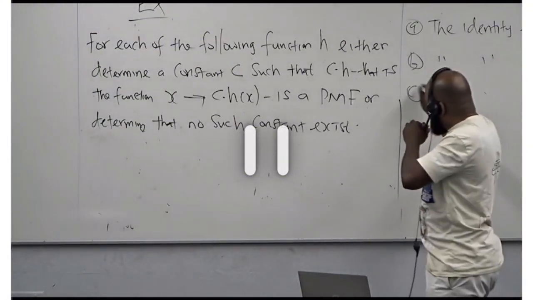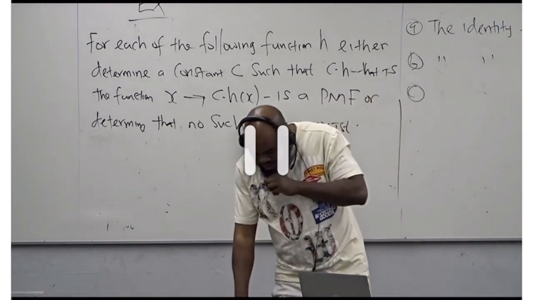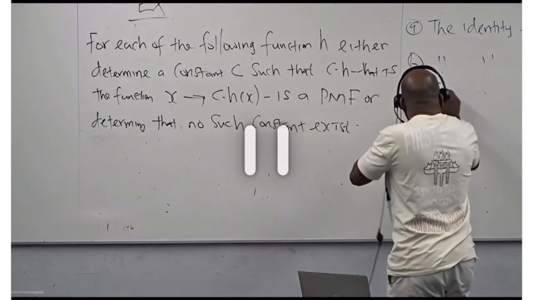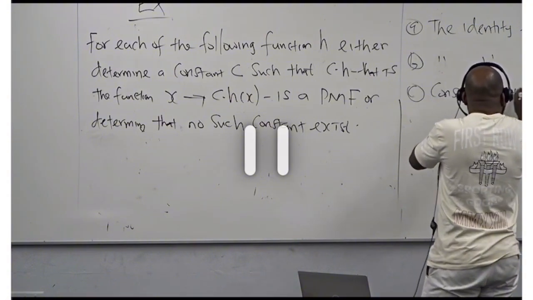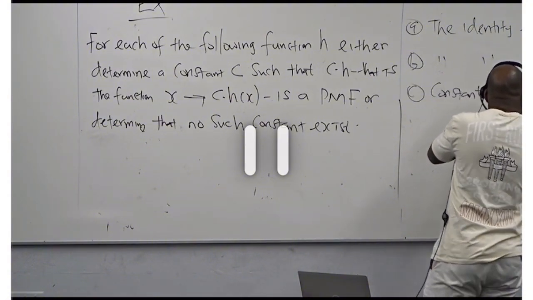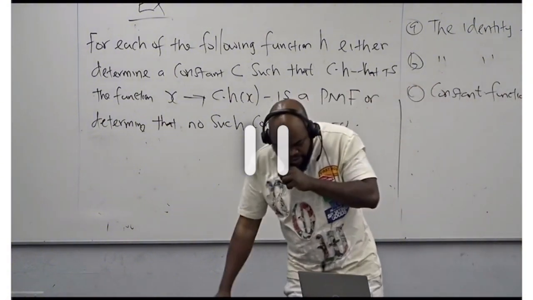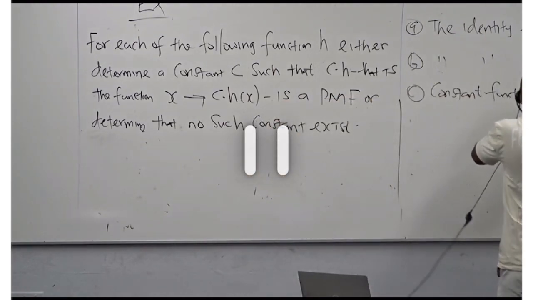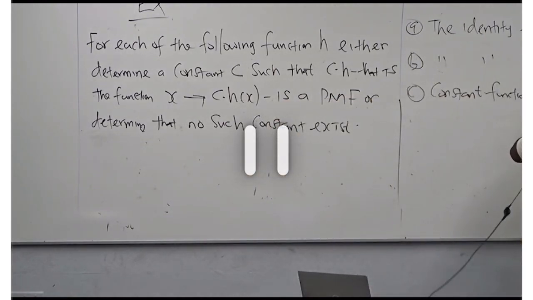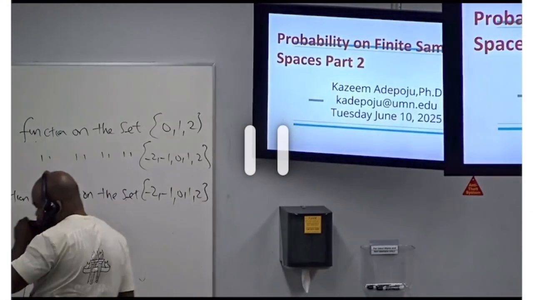C: the constant function X mapping to 1 on the set -2, -1, 0, 1, 2.